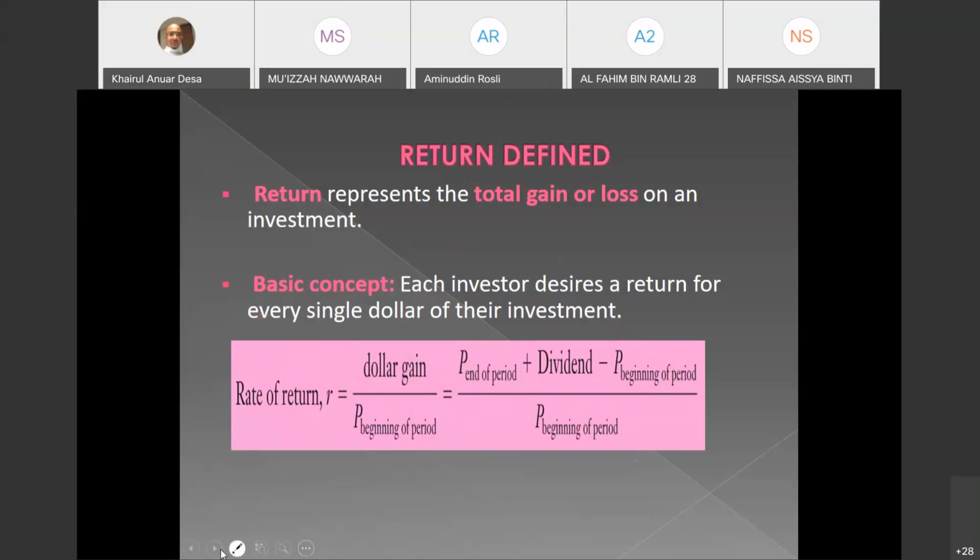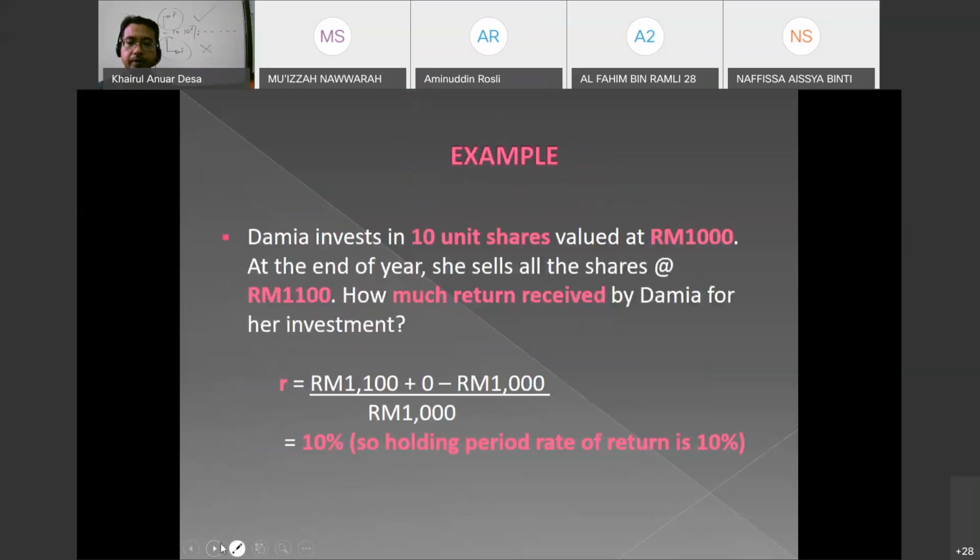Mari kita tengok. Kalau kita tengok di sini, Damia invest RM1,000. At the end of the year, the value or the price of Damia's investment now becomes 1,100.